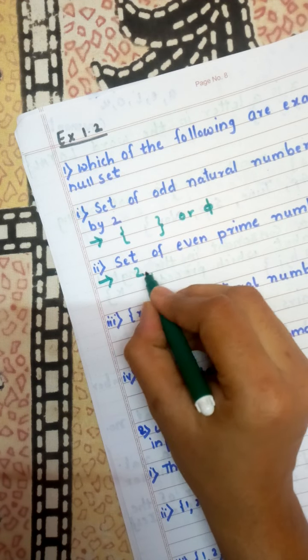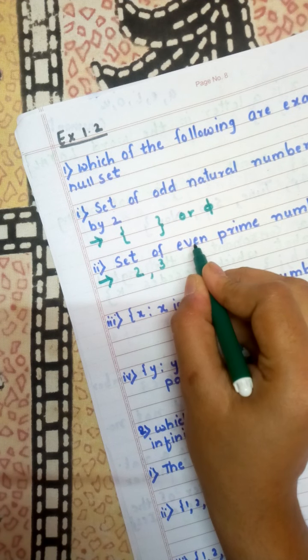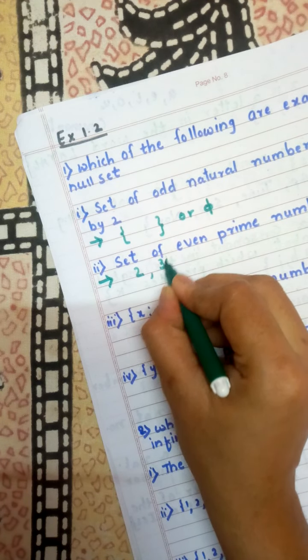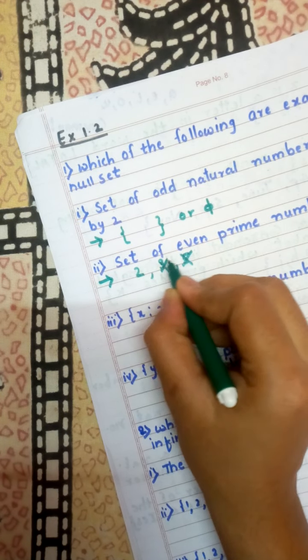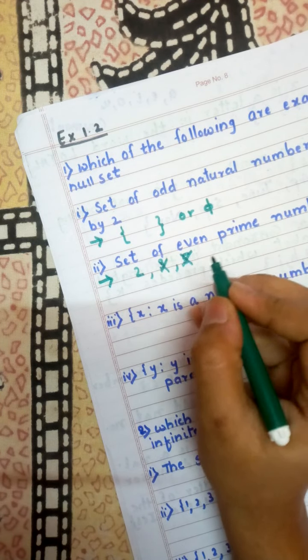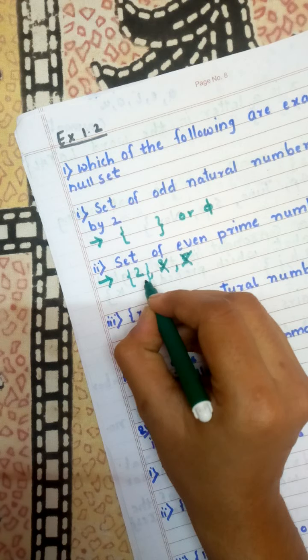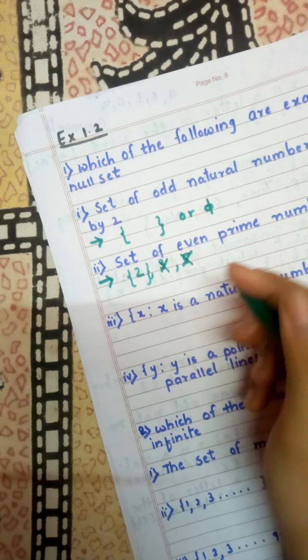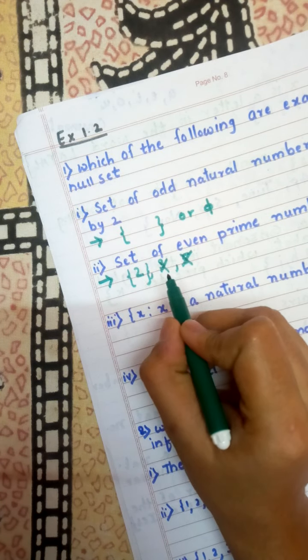The next prime number is 3. Now 3 is not even, so we cannot take this. Next we have 5, this is not even, so we cannot take this inside our set. So the only number which we can take inside our set is 2. Therefore there is at least one element in this set, so this set is not empty.